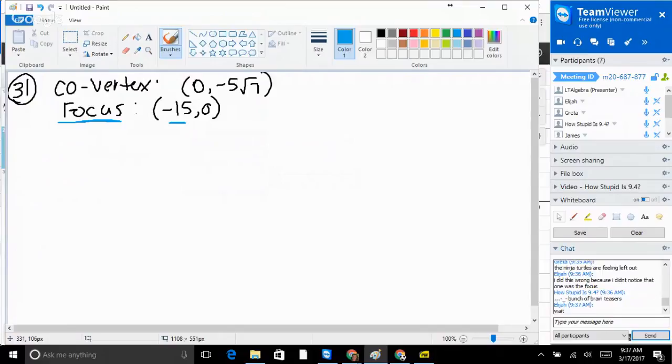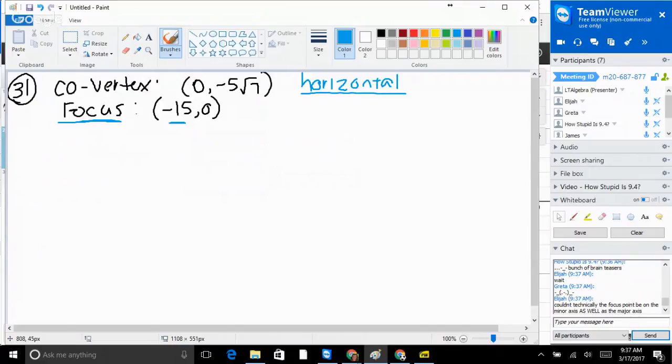So I know that this is going to be horizontal. The definition is the focus point is on the major axis.